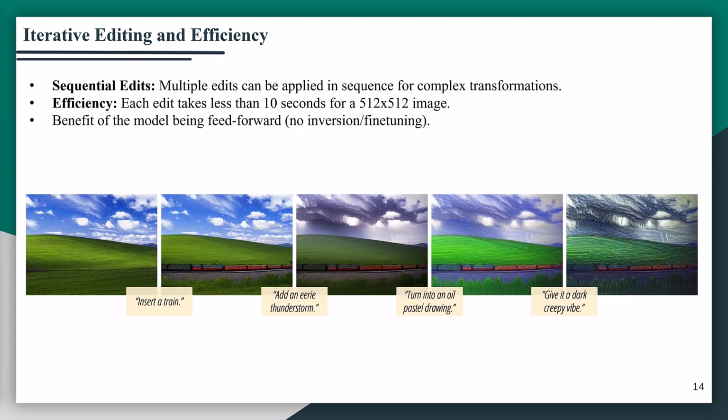For example, as you can see in the first part, we insert a train. In the second, we insert a thunderstorm. In the third, we turn the image into an oil pastel drawing. And in the final, we convert the image into a dark, creepy vibe. So this sequence is very interesting because you can do it very fast. It's a very efficient way.